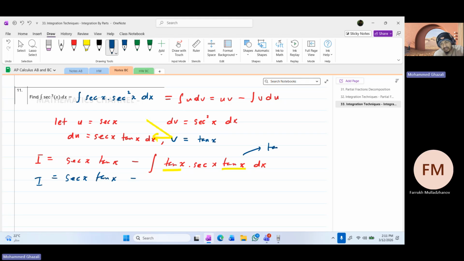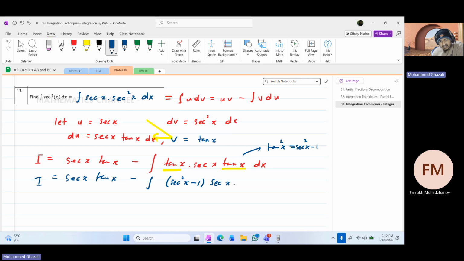Remember, tan squared is sec squared x minus 1, or 1 plus tan squared is sec squared. You know where we prove this from? Sine squared plus cos squared is equal to 1. You can get it from there. So I'm going to replace tan squared with sec squared x minus 1.